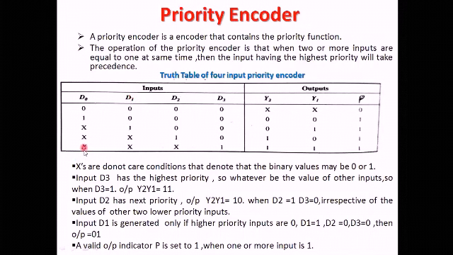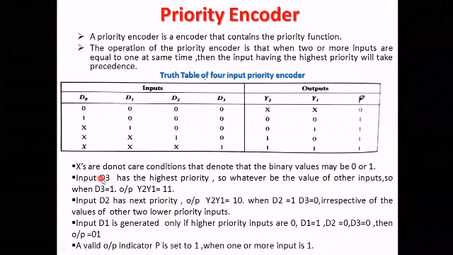You can see the truth table contains X terms. So X are the don't care conditions that denote that the binary values can be either 0 or 1. Already you know that a don't care condition means the value can be 0 also, it can be 1 also.